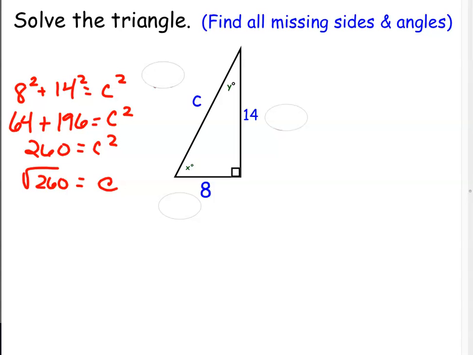But the only thing you can take out of that is a 4. How many times does 4 go into 260? So we could shorten this and say it's 2 root 65 for our missing side. Comes out to be what decimal? 16.125?